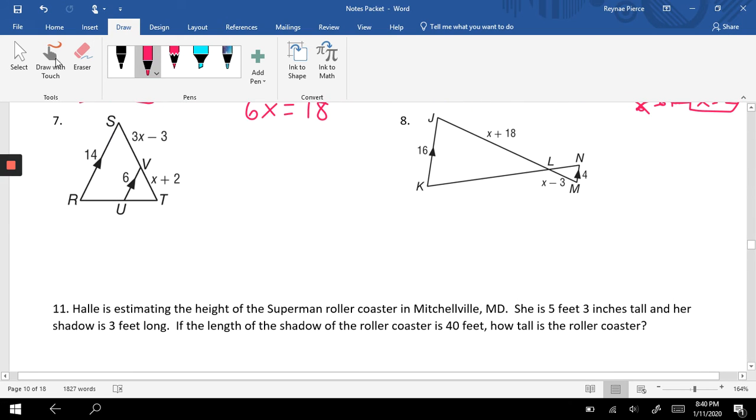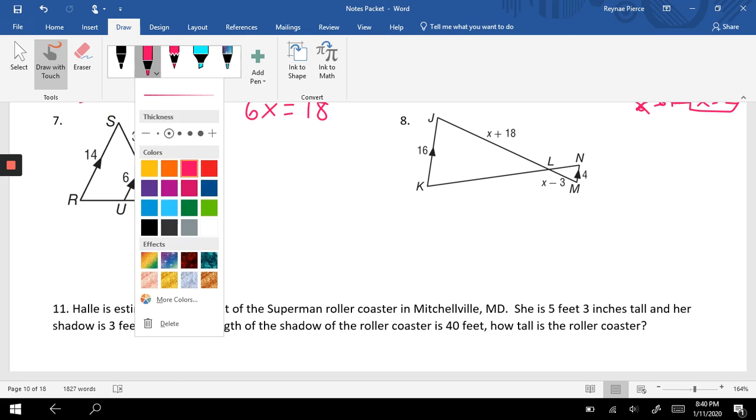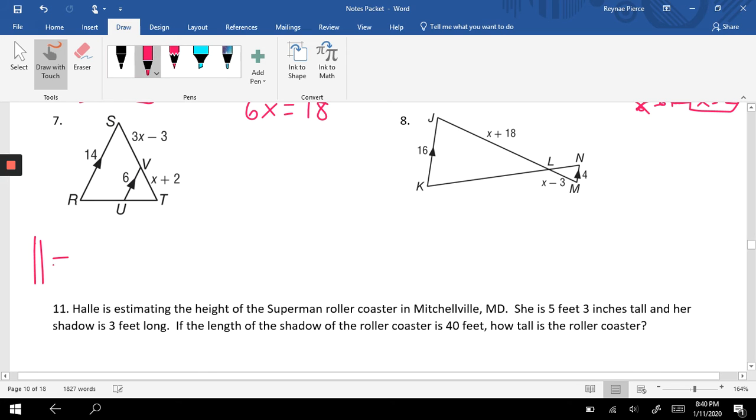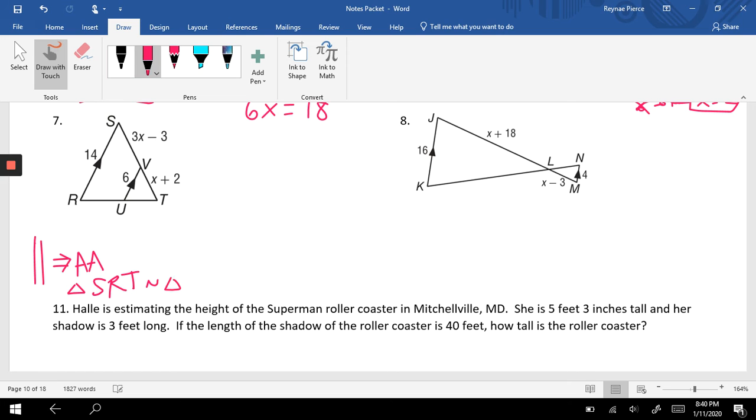Example 7 here. Again, I've got those parallel lines. Okay, when you see parallel lines, that's angle, angle similarity. Okay, so triangle SRT is similar to triangle VUT. Okay, 14 and 6 are corresponding sides.